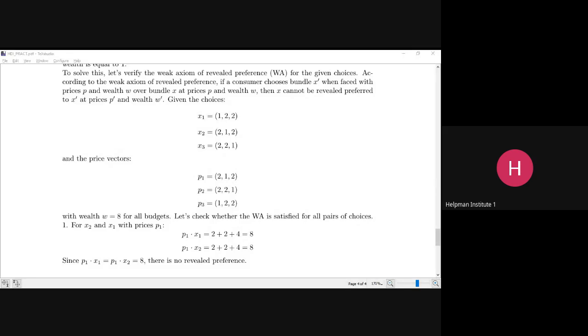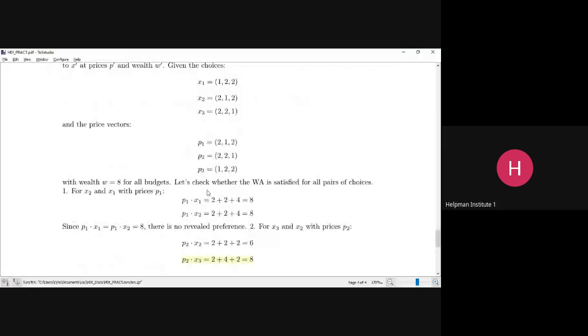So for P2, we also perform the same thing, so you can verify that. You have 2 times 2.